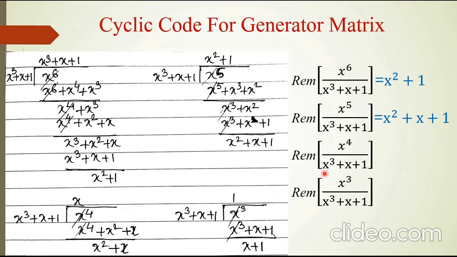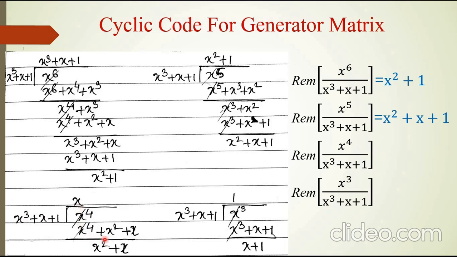Now let us have third condition, which is remainder of x to the power 4 divided by x cube plus x plus 1. Okay, to have x to the power 4, we just need to multiply with x.